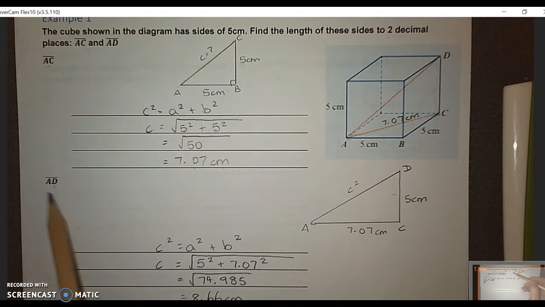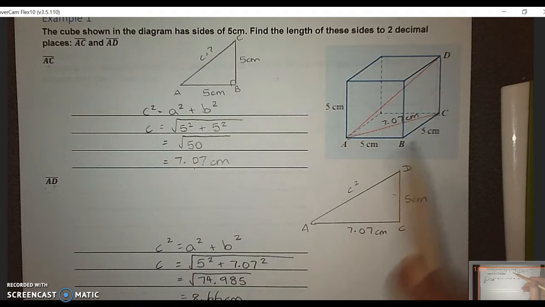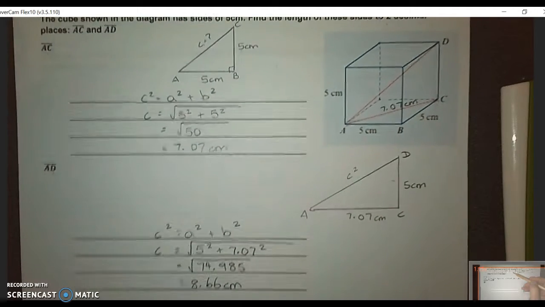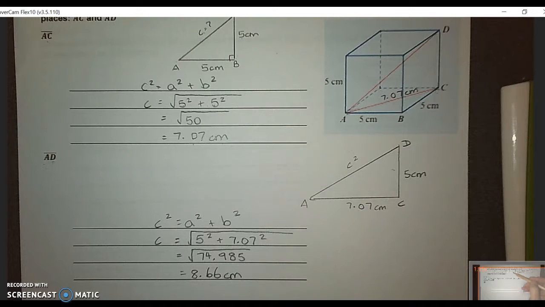So the length of this side here is 8.66 centimeters, and that's how we do the lengths in a cube.